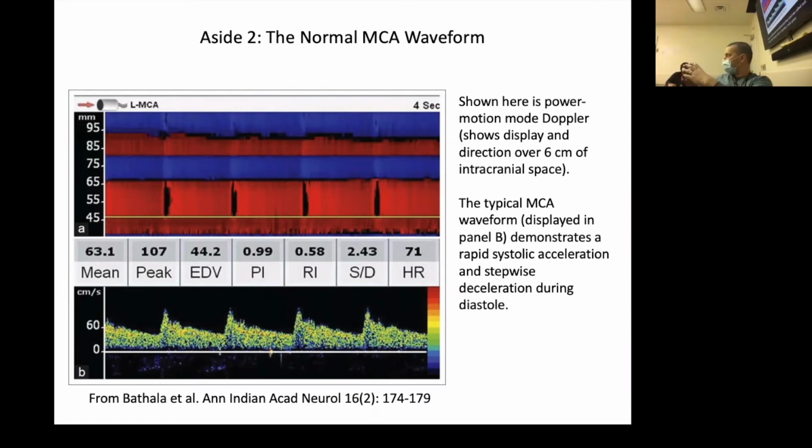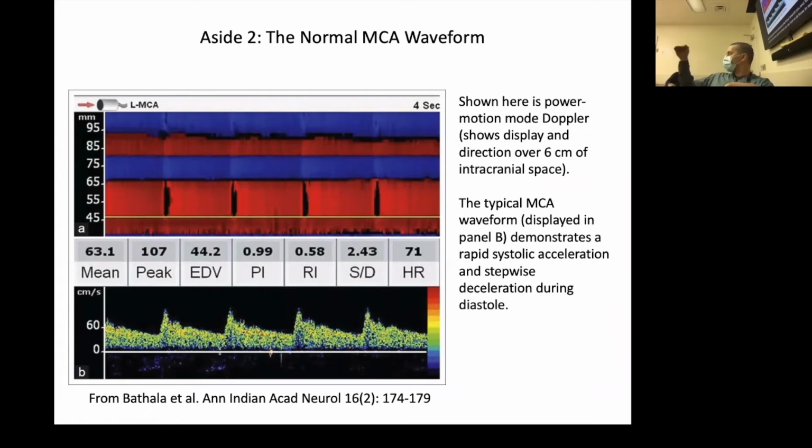They can insonate that entire vessel at once. It can actually insonate a big chunk of the circle of Willis, and that's demonstrated right here in the upper part of this left-hand panel, where you see flows towards you and flows away from you. And then you can look at all those in real time.